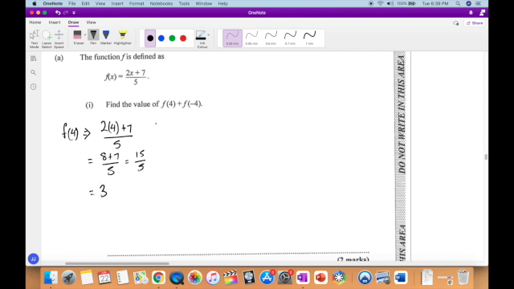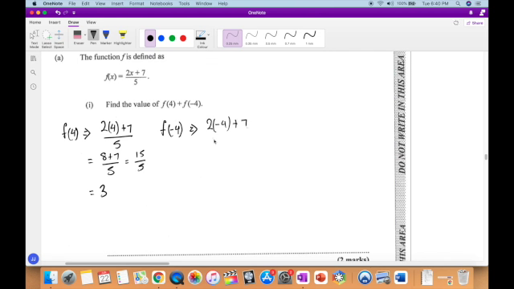And then I have f(-4), and I'm going to write implies 2 into -4, and sorry for my scrappy handwriting, but I just want to show you the steps that I'm taking, because these steps make it easy for the examiner to mark you, right?